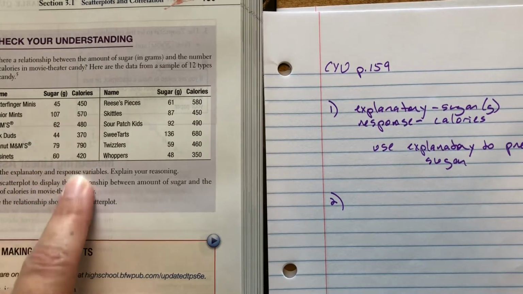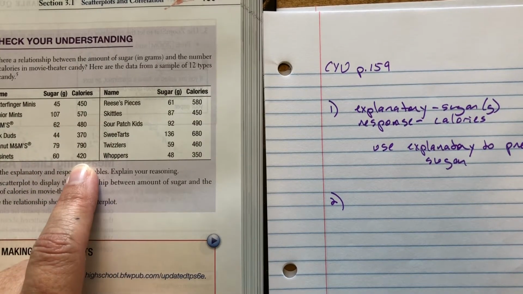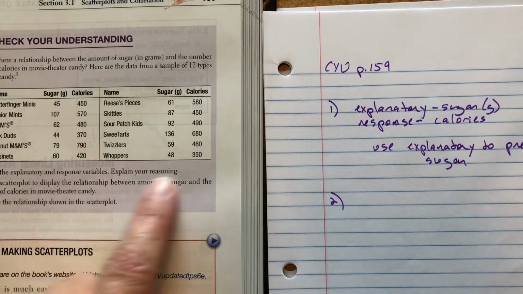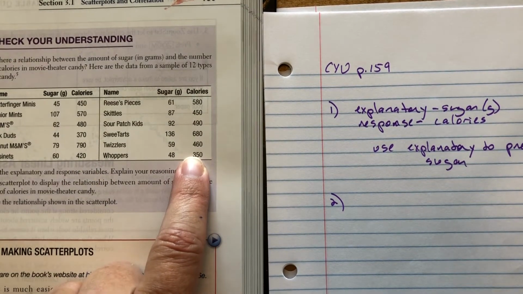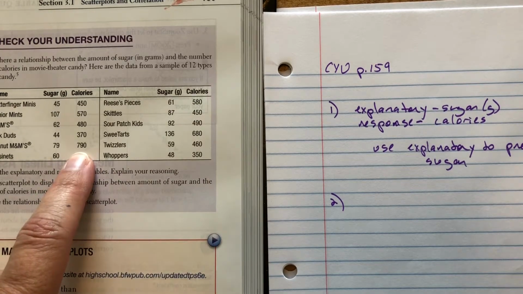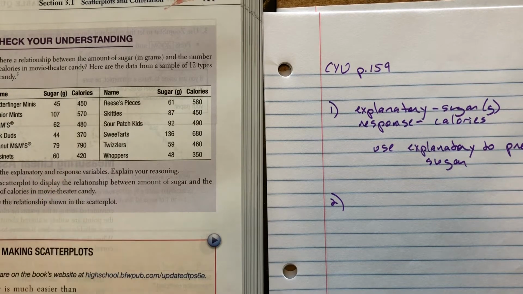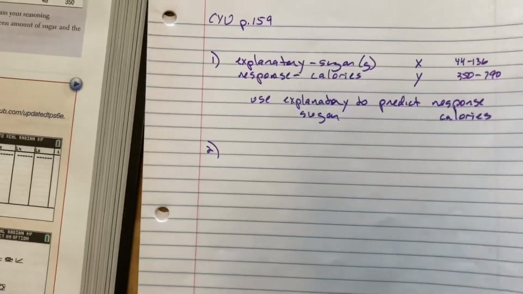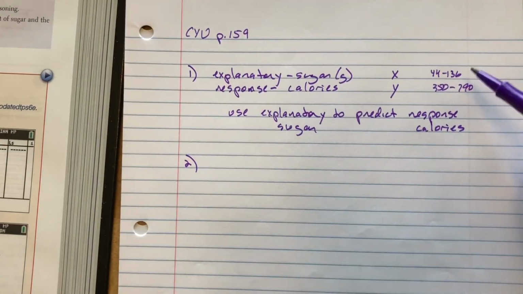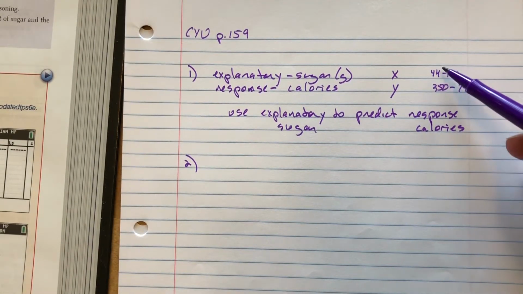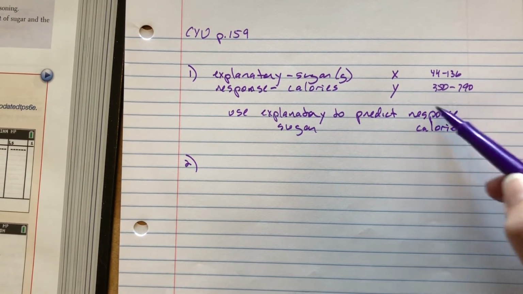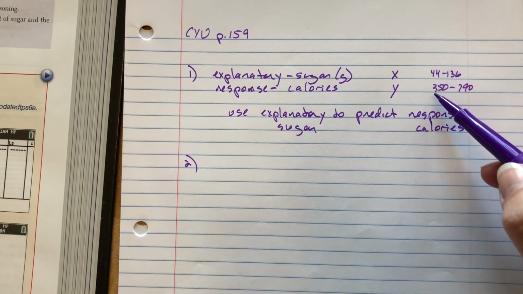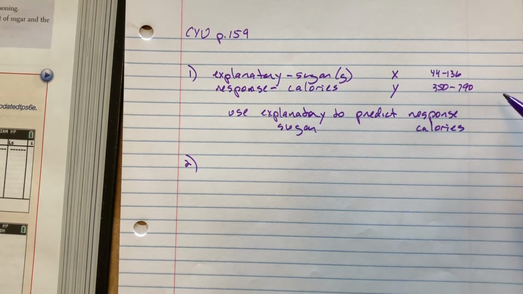And then my calories, or my Y's, 350 seems to be my smallest, and 790 seems to be my highest. So on my x-axis, I need to go from roughly 40 to 140, and then my y-axis has to go from about 350 to 800.